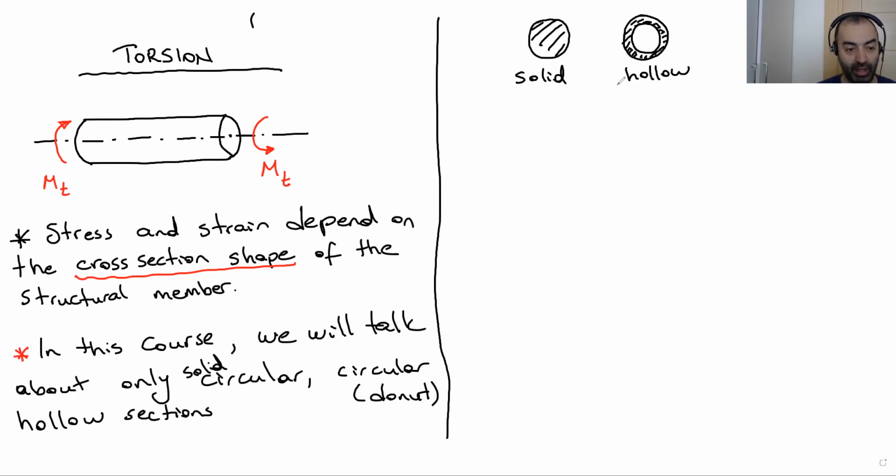Instead, we make some assumptions at the beginning, and depending on these assumptions, we can calculate all the stress and strains on the section under torsion effect easily. Okay, let's write our assumptions. Assumptions.